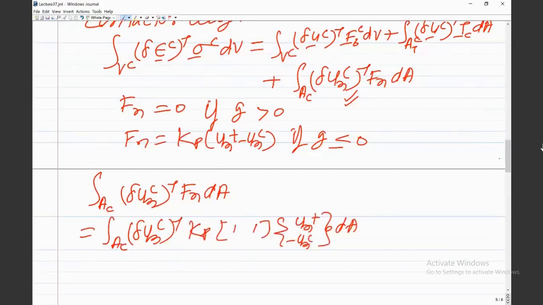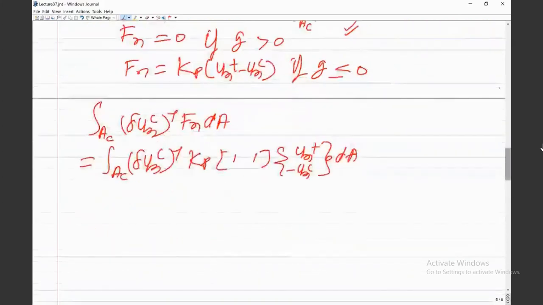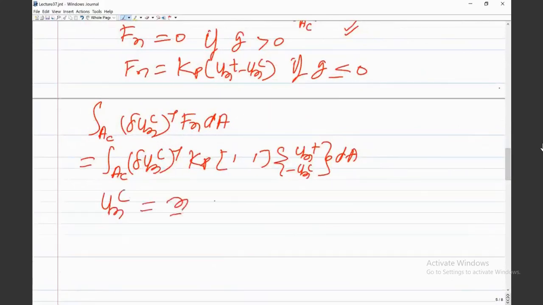So now we have already introduced most of the quantities. We have introduced UNT already, and we have introduced UNC also, but because I need the variation of UNC, let me write that. UNC is defined with respect to the normal to the target body, and you should be very careful about that: it is NT transpose into UC, the displacement vector of the contactor body.